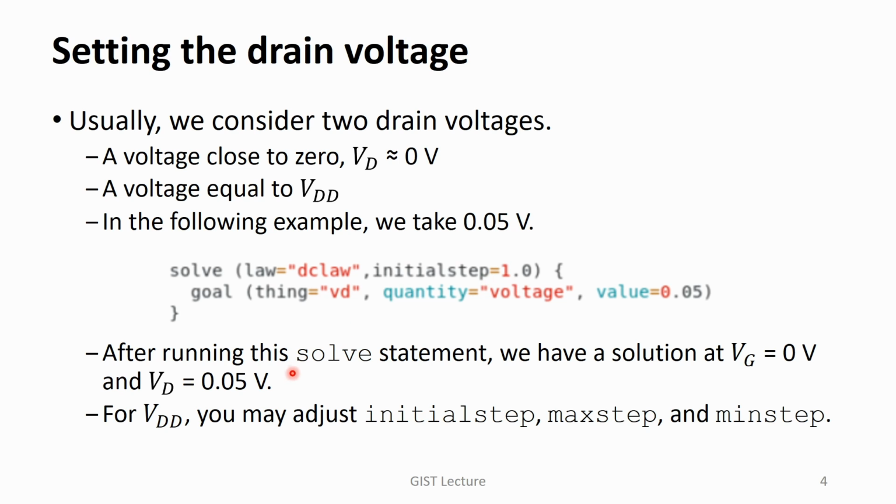After running this solve statement, we have a solution at Vg equal to 0 volt and Vd equal to 0.05 volt. Of course, when the target drain voltage is VDD, it would be difficult to get the solution directly. In such cases, you can arrive at the target drain voltage by adjusting these parameters.